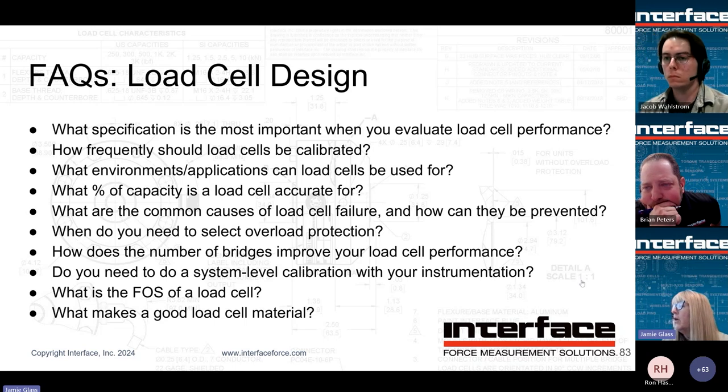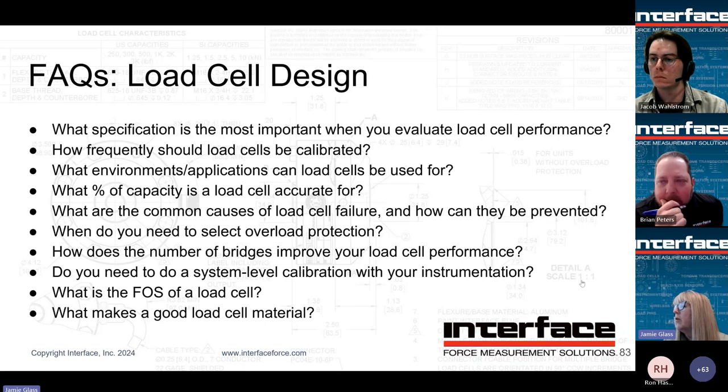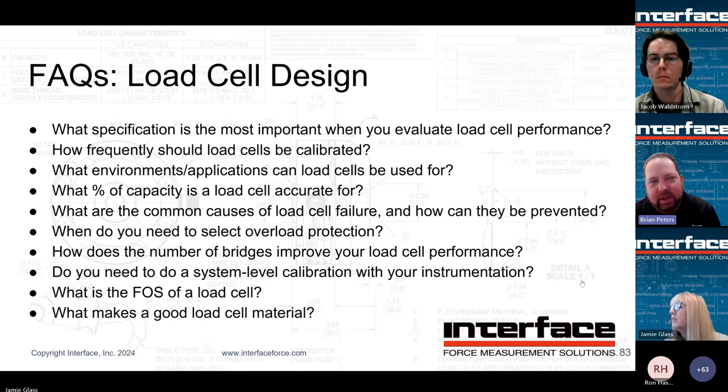When installing a load cell on an actuator rod, does it matter the orientation of the load cell, meaning live end facing the actuator body versus live end facing the test article? I'll take it. Not significantly, but fundamentally, if you have the live end closer to your test article, you're going to have less inertial aspect, especially if it's cycling.